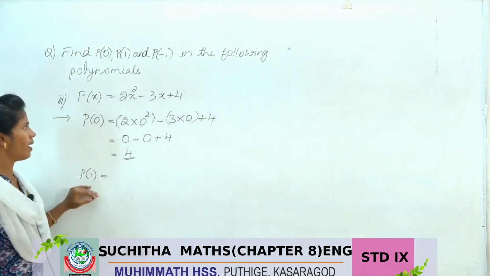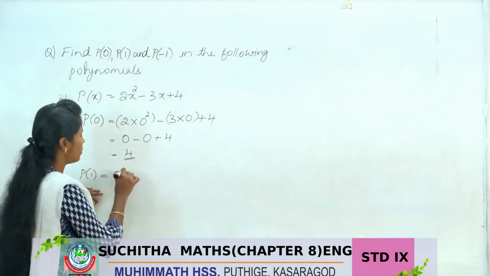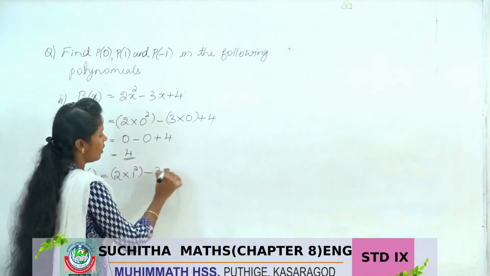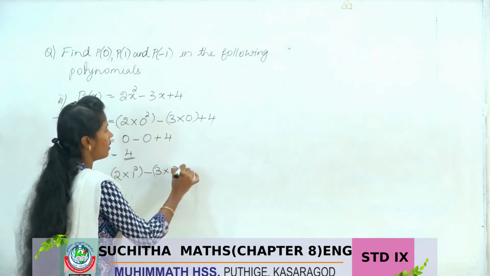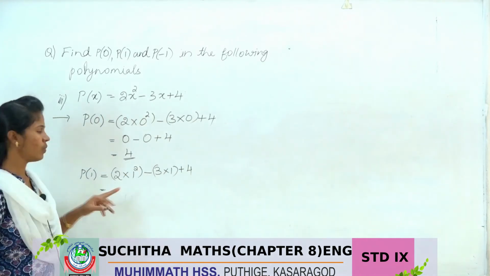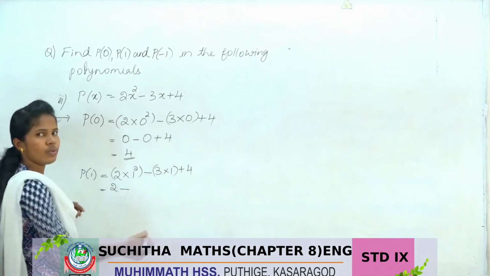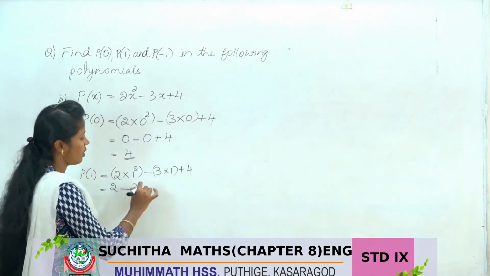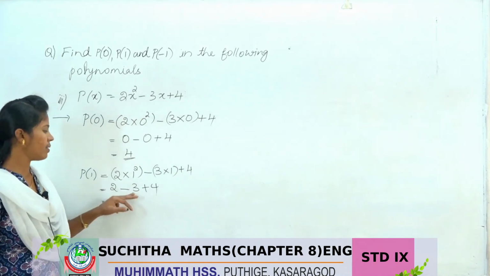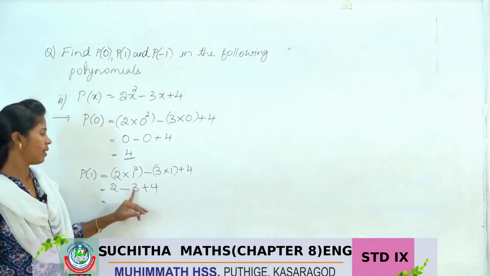Here the value of x is 1. Apply 2 into 1 square minus 3 into 1 plus 4. 1 square is 1. 1 into 2 is 2 minus 3 into 1 is 3 plus 4. Here 2 minus 3. 2 is smaller number, 3 is larger number.